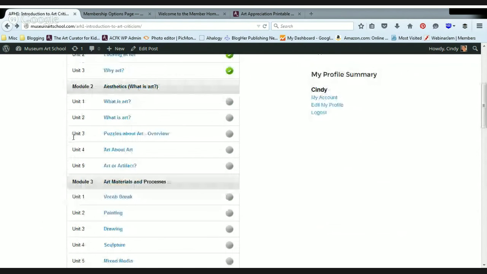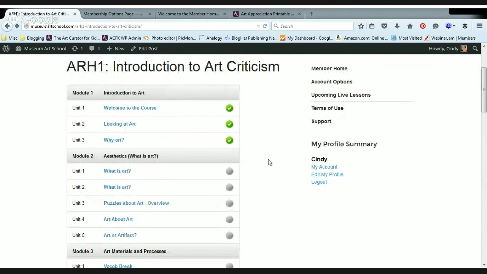And then you can see, if your student is taking the course, it's green-checked if they finish that lesson, so you can see what they've done.